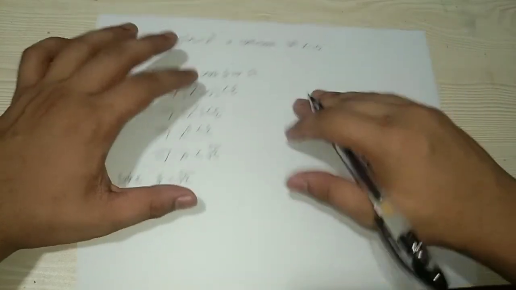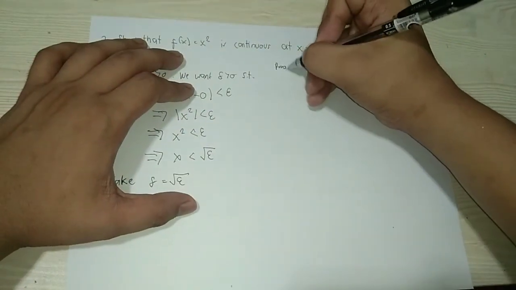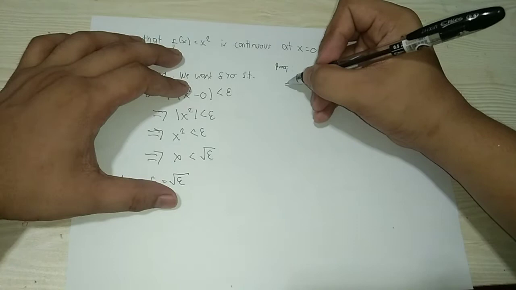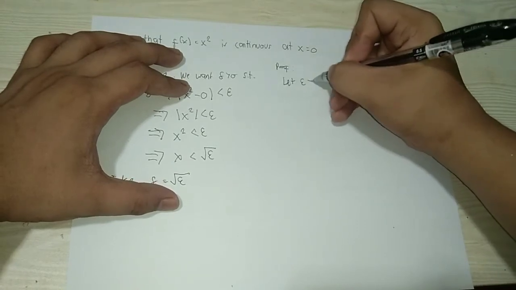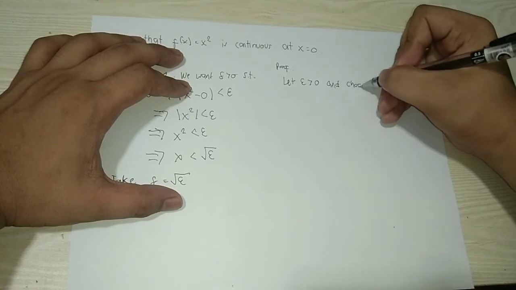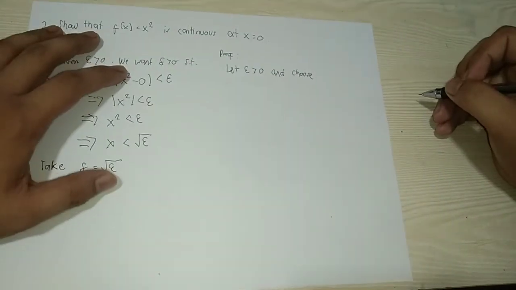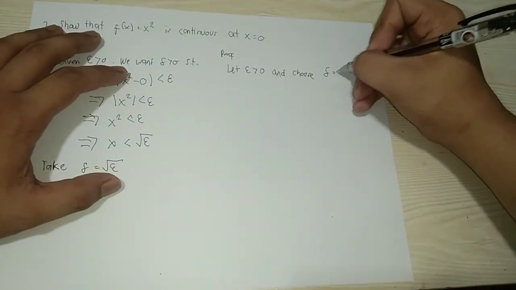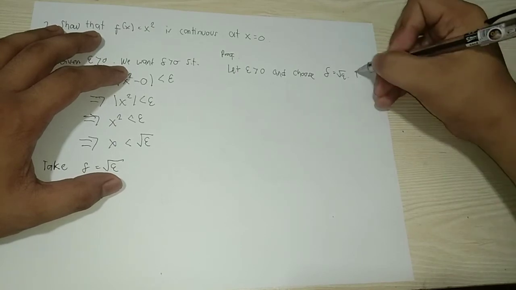Okay, so let's go to the proof. For our proof, let epsilon be greater than 0 and choose delta to be equal to square root of epsilon.